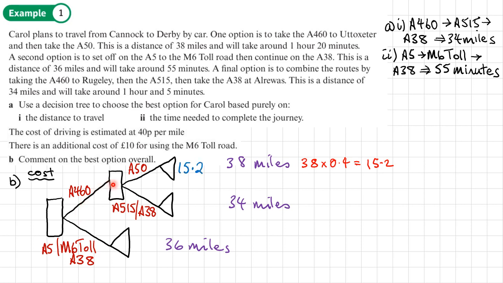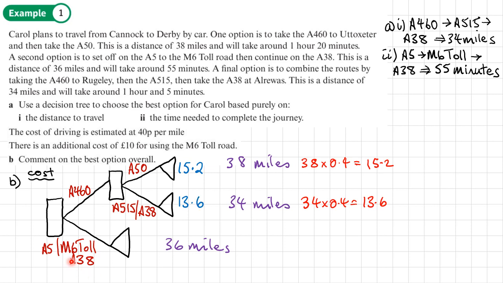If I take this route here again, there's no toll road, so to work out the cost of that route, it will be 34 times by 0.4, and that gives me a payoff, a value of 13.6, £13.60, so 13.6 here.